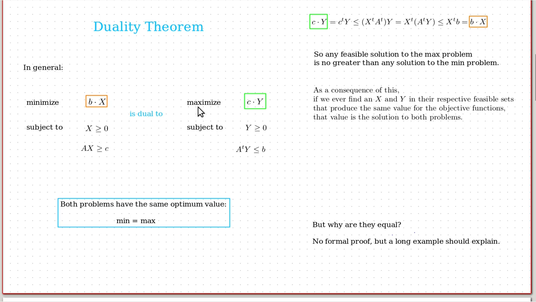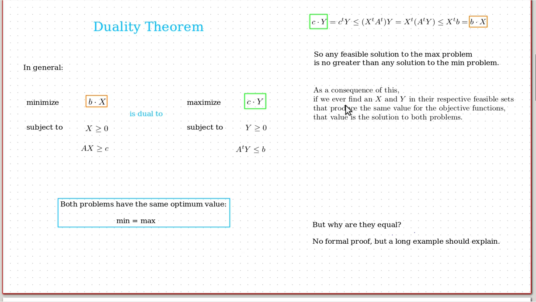And the dual problem is a maximization problem where you want to maximize c dot y subject to the constraints that y is greater than or equal to 0 and A transpose y is less than or equal to b. So these problems are dual to one another. Then the conclusion of the theorem is that both problems have the same optimum value. In other words, the minimum of the problem on the left is always equal to the maximum of the problem on the right.